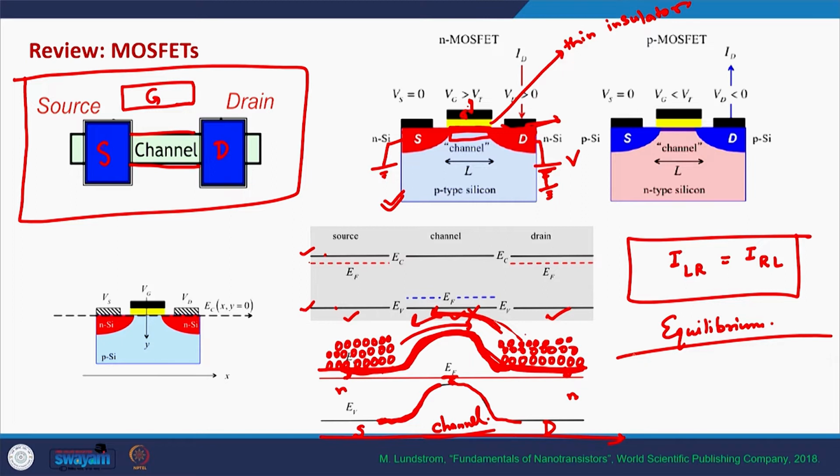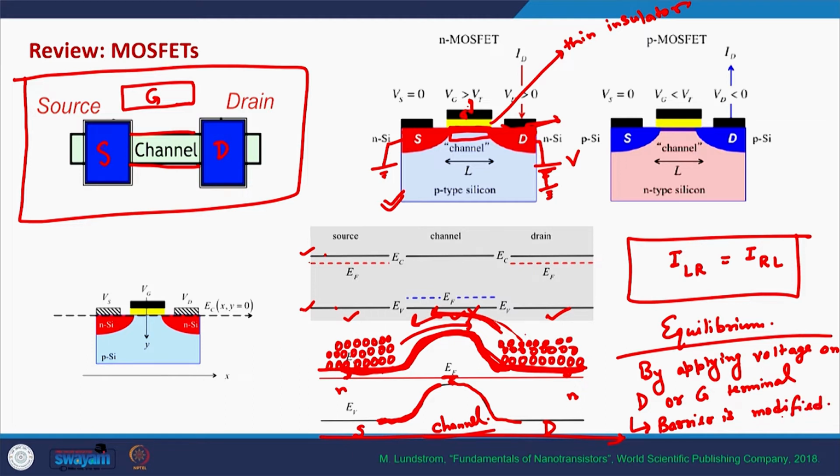And by changing the barrier, the current inside this device is actually controlled. So what we can say is that by applying voltage on the drain or gate terminal, the barrier is modified, and that's how net electron flow starts in the device.